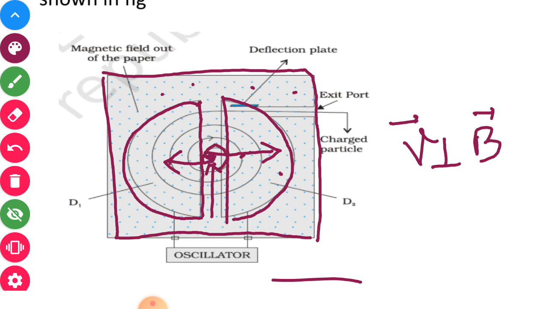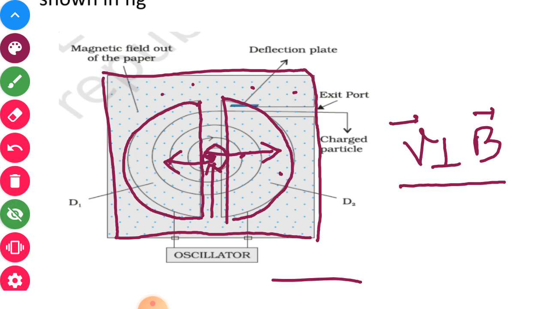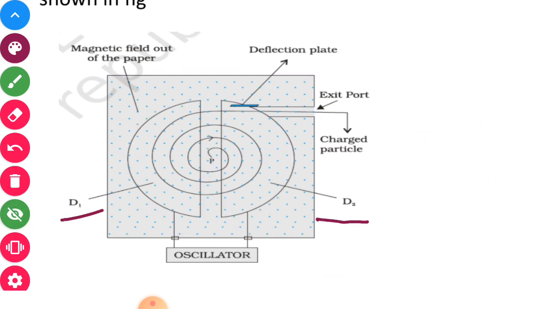Try to understand: the arrangement is such that the velocity vector becomes perpendicular to the magnetic field. The whole arrangement is shown here: there is a magnetic field out of the paper, that is, out of the screen, and there are two D-shaped boxes, D1 and D2. The charged particle is introduced here at point P.